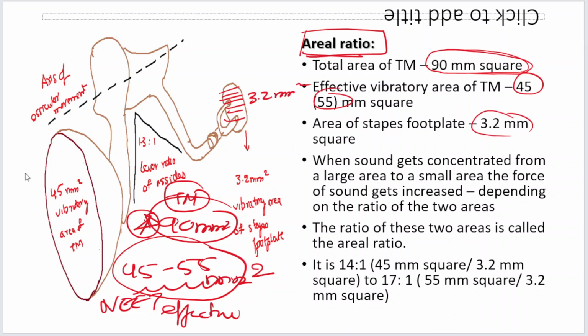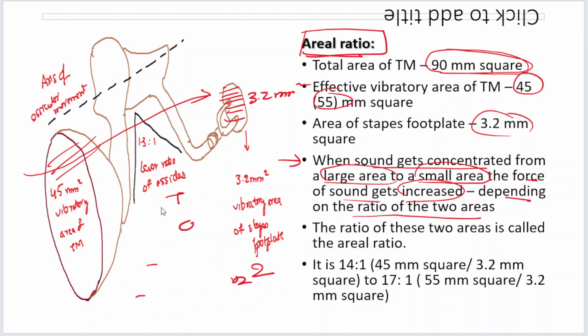45 is such a big number compared to 3.2 millimeter square. The same energy is being transmitted from the tympanic membrane to the footplate of the stapes. When sound gets concentrated from a large area to a small area, the force of the sound increases depending on the ratio of the two areas.